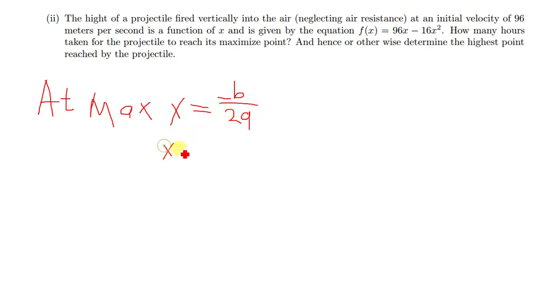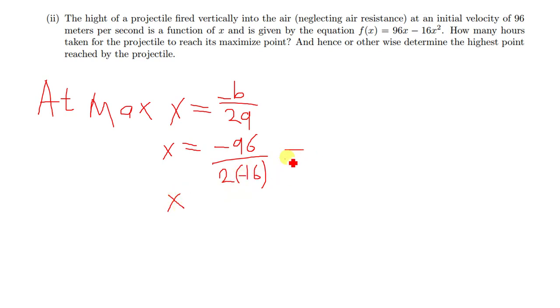So at maximum, x is equal to negative, what is my b there? My b is just the coefficient of x, which is 96, over 2a. My a is the coefficient of x squared, which is 16.